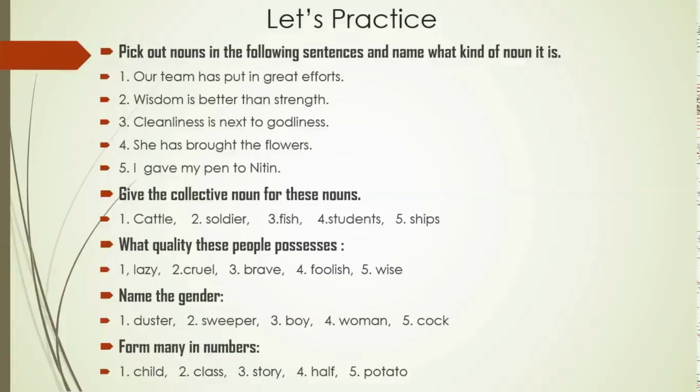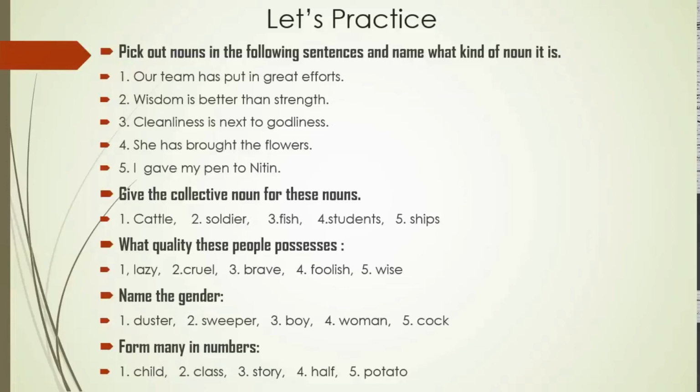Give the collective noun for these nouns. Cattle, soldier, fish, students, ships. What quality do these people possess? Lazy, cruel, brave, foolish, wise. Name the gender here.